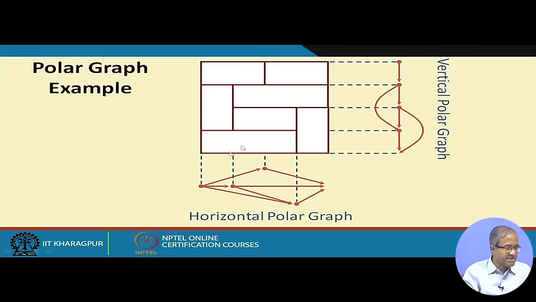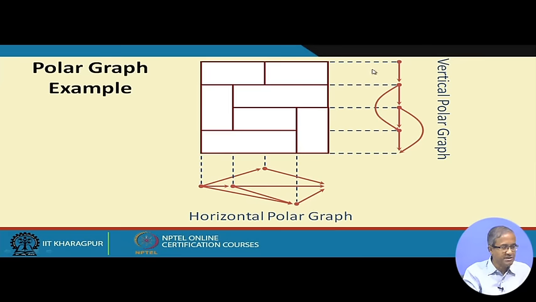And these weights, see this and this, they are connected by an edge. This node and this node are connected by a block, and the height of the block will be the weight of this edge. This node and this node, this is the block in between, so the height of this block will be the weight of this edge. This and this, the height of this block will be the weight of this.